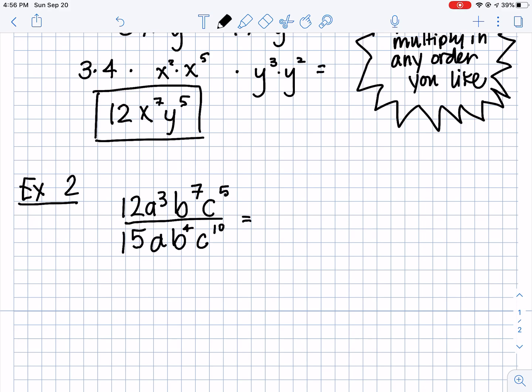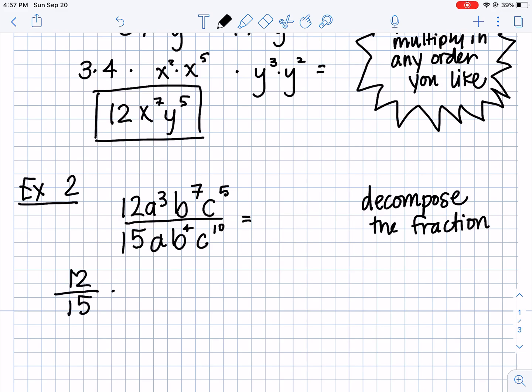So we can, it may sound morbid, decompose the fraction. We can make this fraction instead 12 over 15 times a cubed over a times b to the 7th over b to the 4th times c to the 5th over c to the 10th.